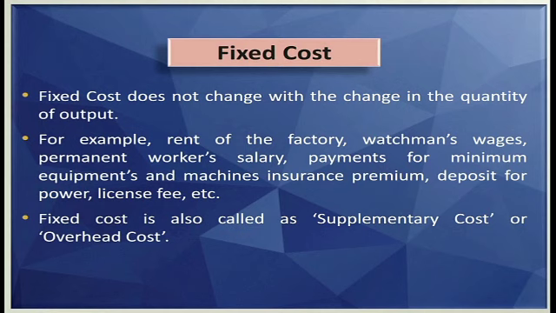For example, rent of the factory, watchman's wages, permanent workers' salary, insurance premium, deposits for power, license fee, etc. And fixed cost is also called as supplementary cost or overhead cost.